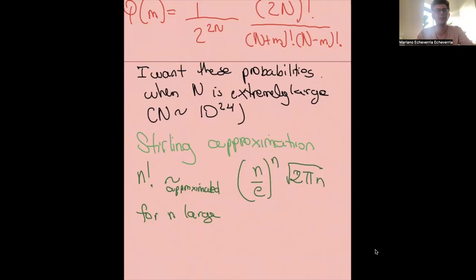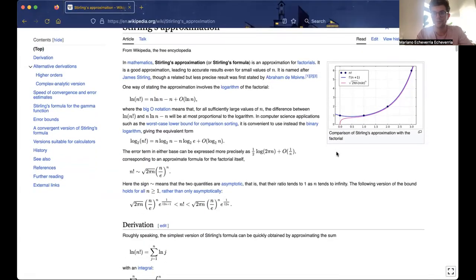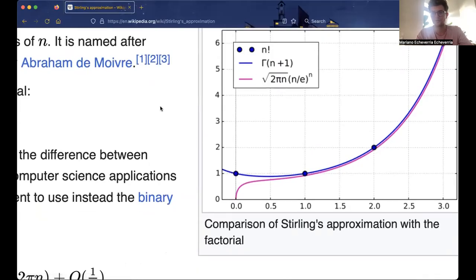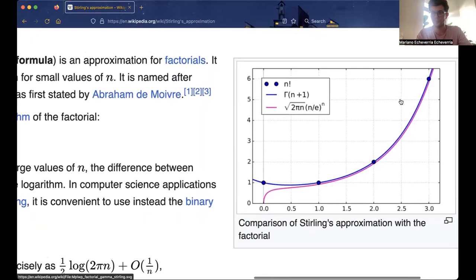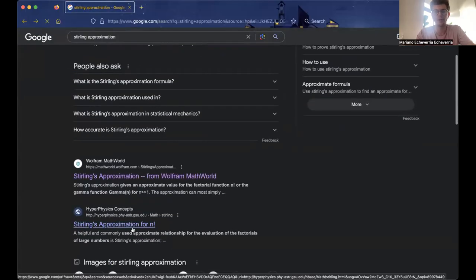If you just Google the Stirling approximation, you can find on Wikipedia a graph of n factorial. n factorial is the blue curve. n factorial is discrete, so here it's just plotting some values, and the pink curve is root of 2 pi n times n divided by e to the n. The graphs look very similar, but you can see more numerically what's happening.